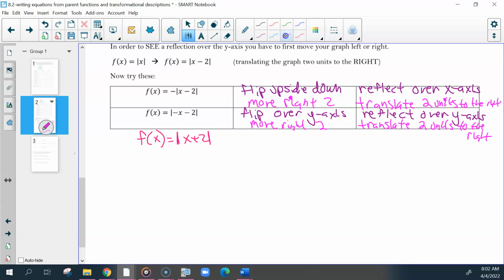Another way you could look at this is, because there's a negative here, I could factor out this negative, which would change the signs of everything.